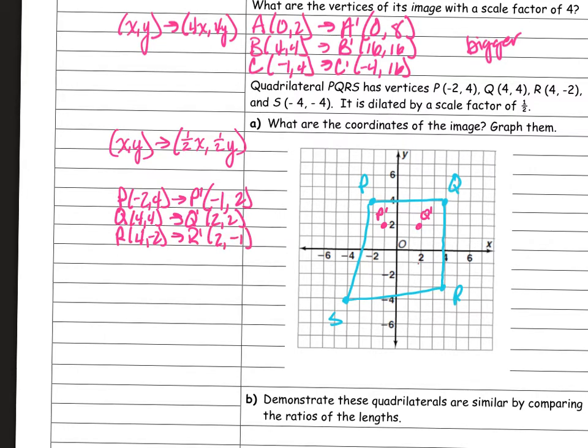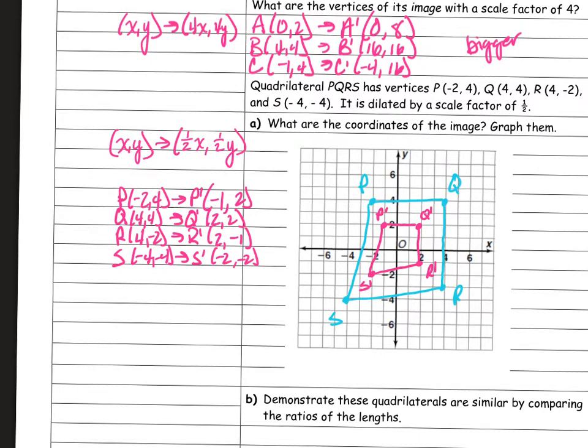Great, I guess I can draw those in already. Okay, and then S is at (-4, -4), and it's going to become S prime, which is (-2, -2). So there's my figure.